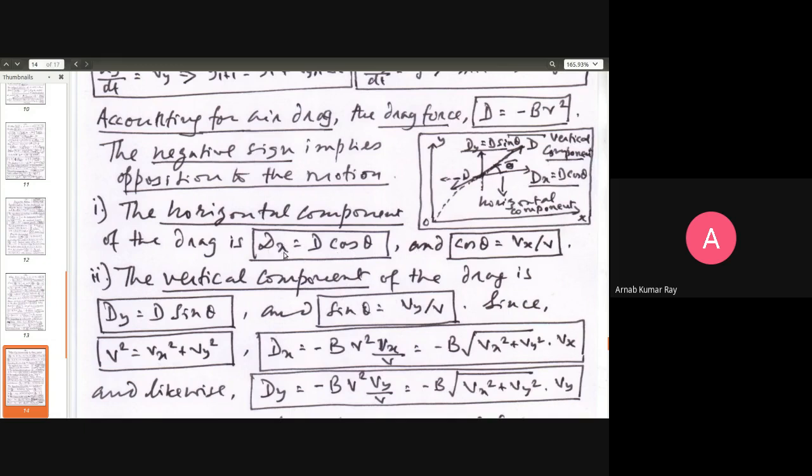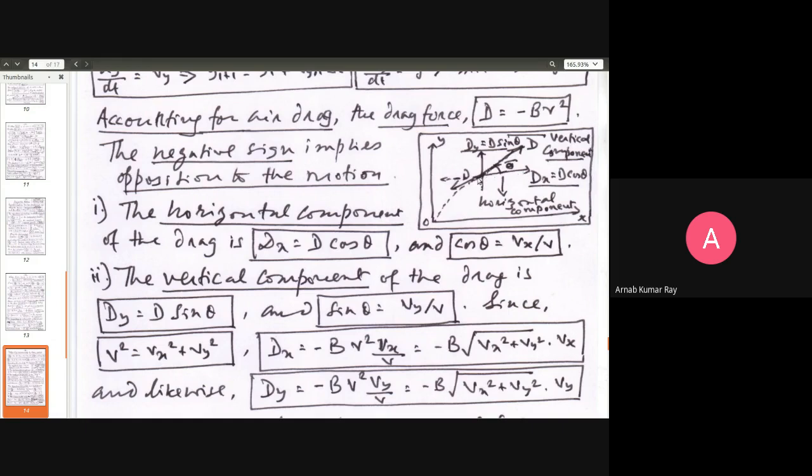So the horizontal component of the drag is Dx is D cos theta. Theta is an arbitrarily changing angle now. For instance, at its peak, the tangent to the direction of motion will be horizontal, so theta will be 0 in that case. So cos theta is equal to, let us see, x component by the total velocity, right?